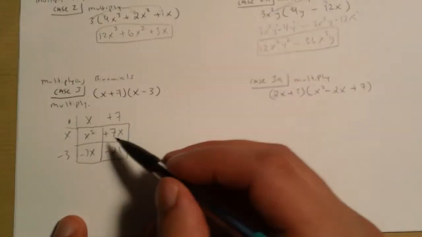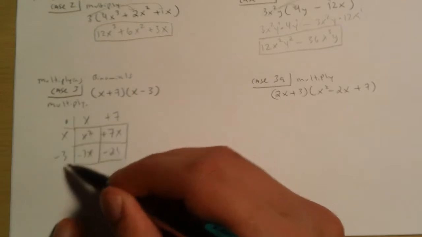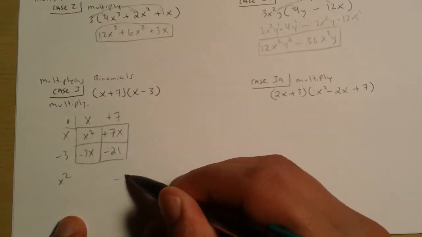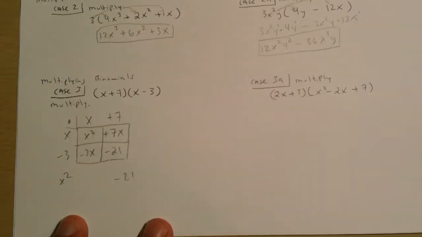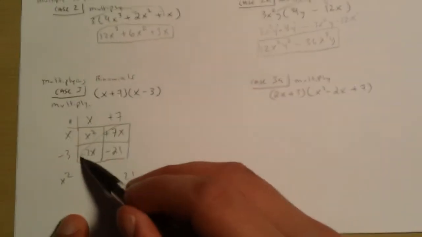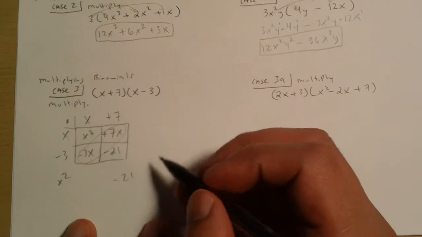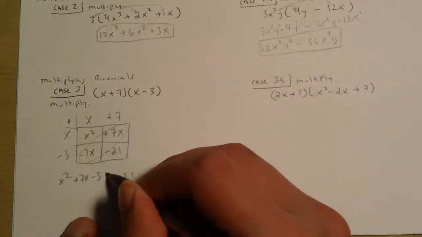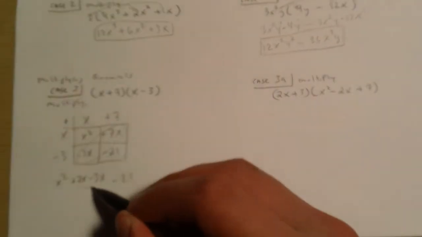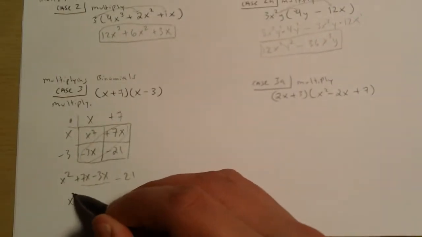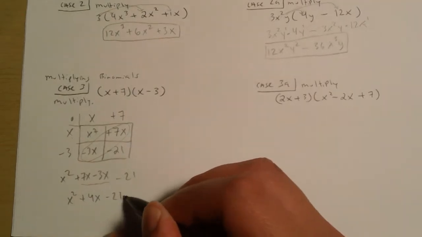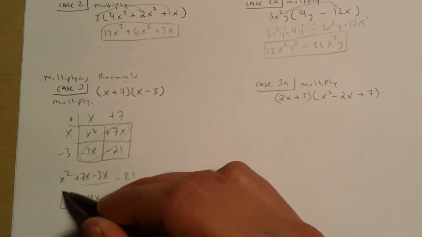Now the way we rewrite it is that the top left corner will be our first term and the bottom right corner will be our last term. Our diagonals have to add up, so we have positive 7x minus 3x. We combine our like terms. So we have x squared plus 4x minus 21. And that will be our final answer.